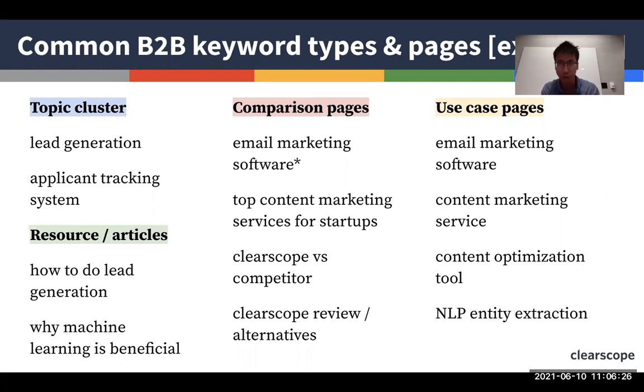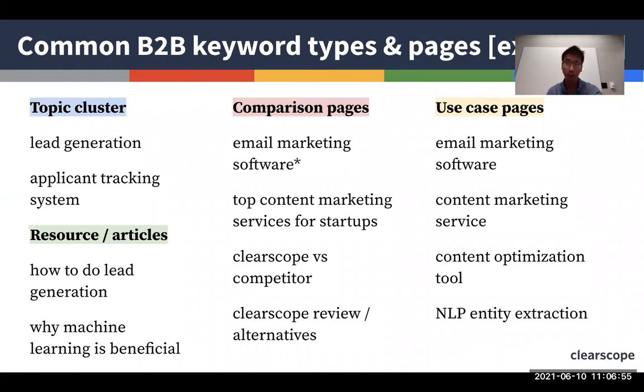You'll see HubSpot do it with all of the different software categories that they operate in, and it serves them pretty well. Comparison pages are also going to be like competitor versus competitor, or blank software review or alternatives, and writing about those will get you able to rank for a lot of different branded queries and also high-level transactional queries that you're likely to care about.